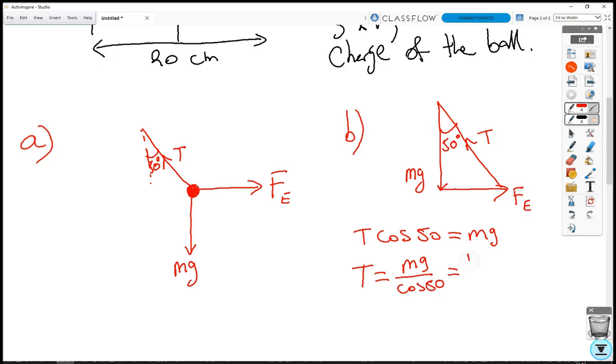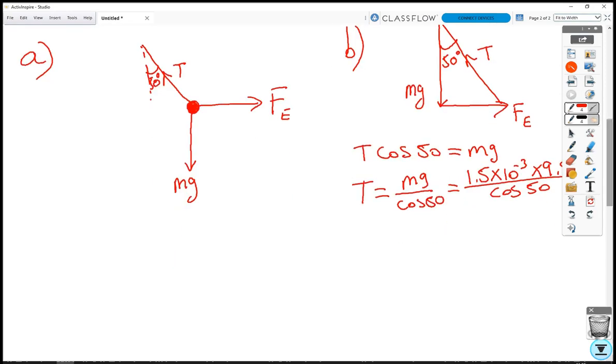m was 1.5 grams. So 1.5 times 10 to the minus 3 times 9.81 all over cos 50. And that should give us a very small force.